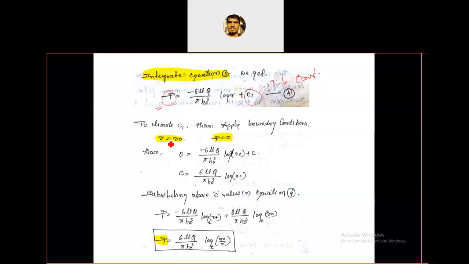This is the first boundary condition. Use this value in equation 4 and find out the value of C1. So when r is equal to r naught, P is 0, so 0, and here C1 as usual.